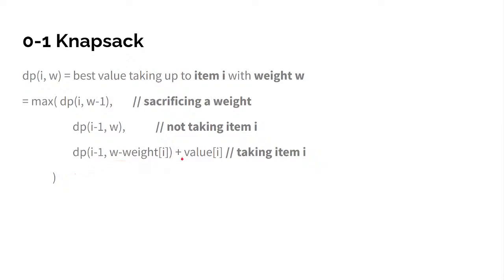Note that when you take item i, you add value i into your return value, and then your maximum weight you can take decreases by weight i. So basically this is quite intuitive.